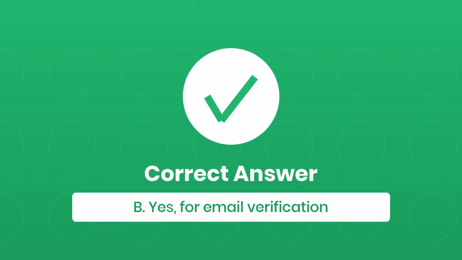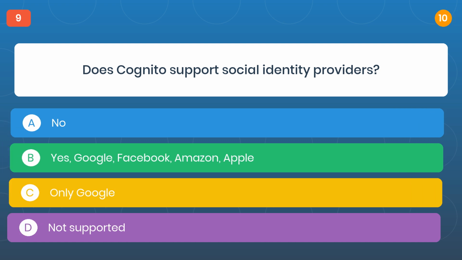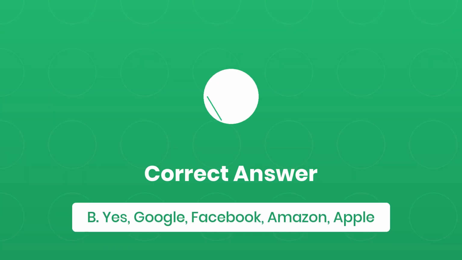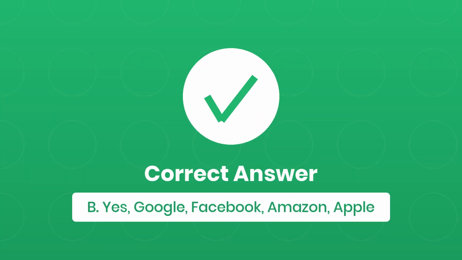The correct answer is B, yes, for email verification. Question 9. Does Cognito support social identity providers? The correct answer is B, yes, Google, Facebook, Amazon, Apple.